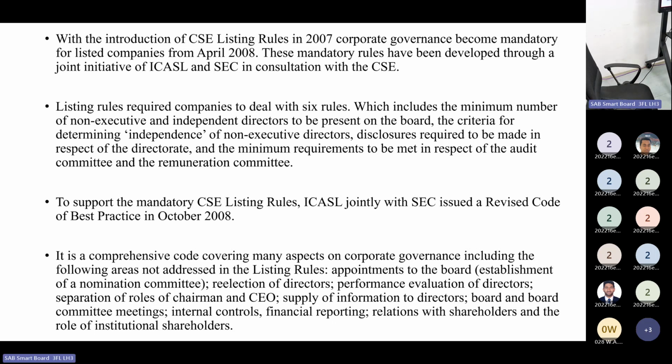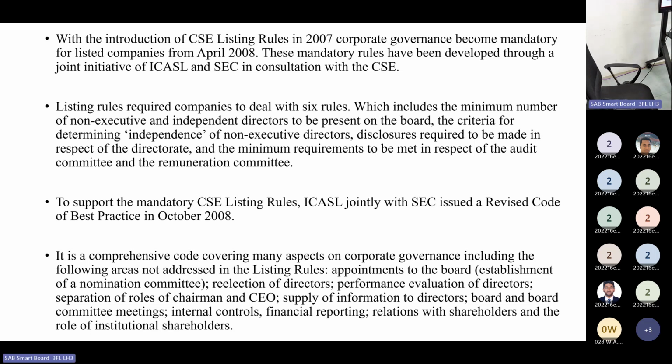What are they? The minimum number of non-executive and independent directors on the board, the criteria to determine their independence as non-executive directors, disclosure required in respect of directors, and minimum requirements to be met in respect of the audit committee and remuneration committee. These 6 were the main things brought under the listing rules in 2008.